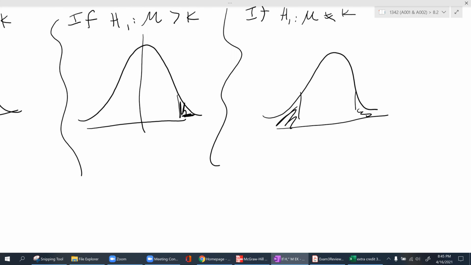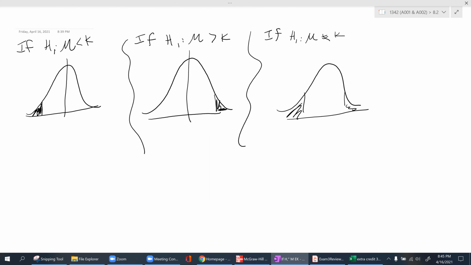Our analysis is going to depend on how we define our alternate hypothesis. We're either going to be doing a one-tail test to the left, a one-tail test to the right, or a two-tail test, and it all depends on our alternate hypothesis. If your alternate hypothesis is mu less than a value, that's going to be a left-tail test, to the left.